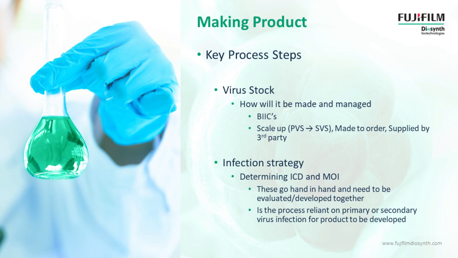And then add that to the potential instability of your viral stock, and it can get very complicated to develop an infection strategy. And then if the process is reliant on the primary or secondary viral infection, that's an additional thing you have to look at in order to develop your process.